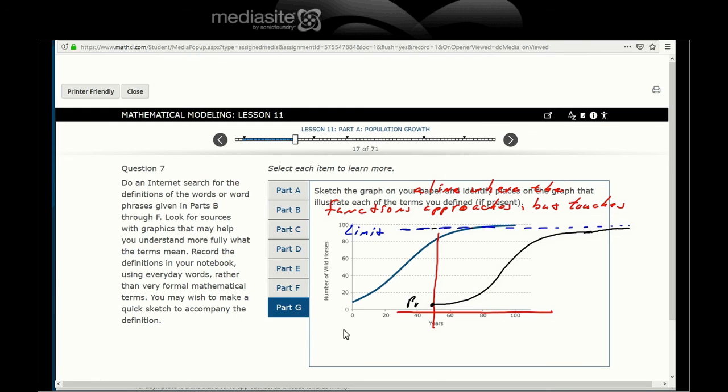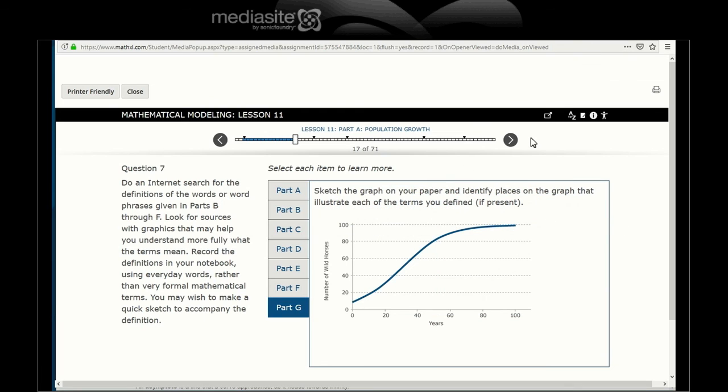Part G. Sketch the graph on your paper, then place labels on the graph that illustrate each of the terms you defined, if present. Let's go with red.